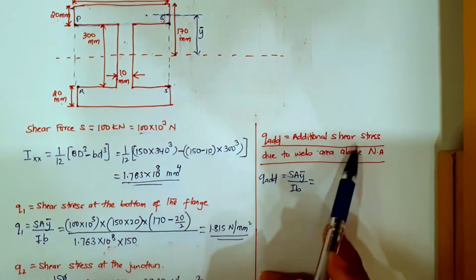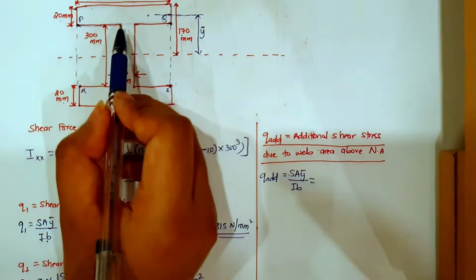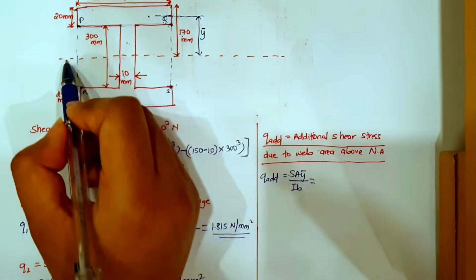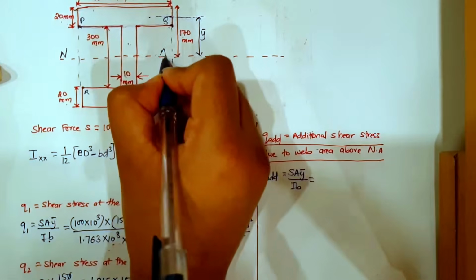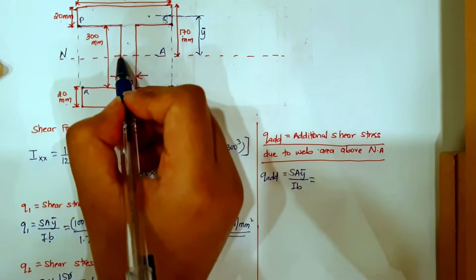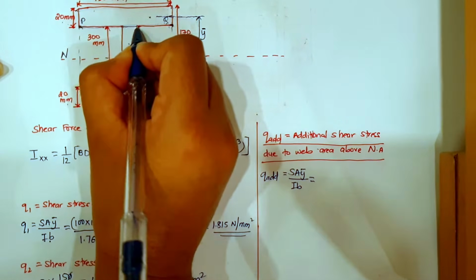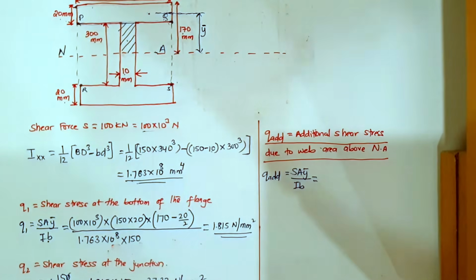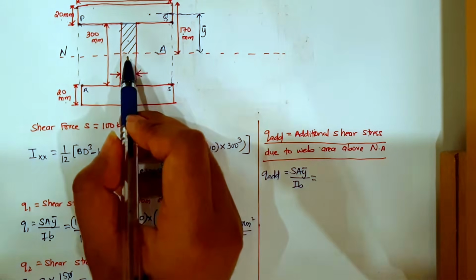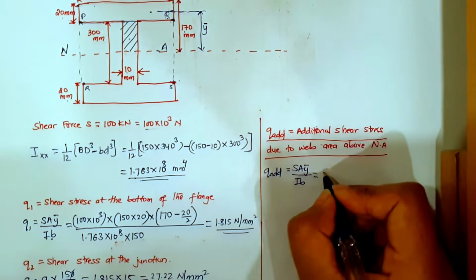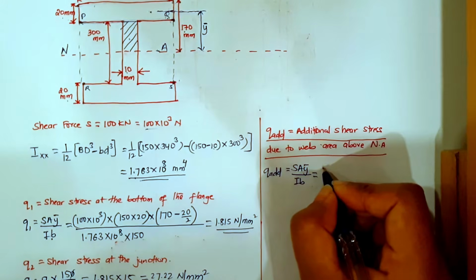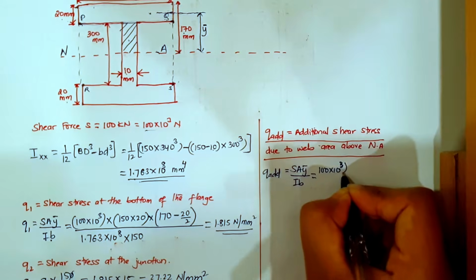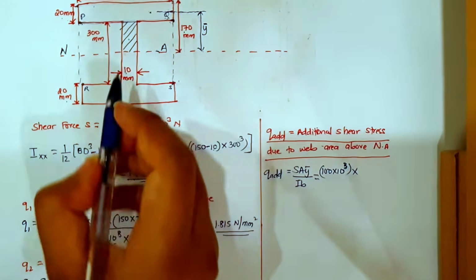Now it says additional shear stress due to web area. This is the web area above neutral axis. Now, this is the neutral axis. Above this neutral axis I have this portion, so it is signifying this portion here. So for this portion how will we find? S will be equal to 100 into 10 raised to power 3 into area.